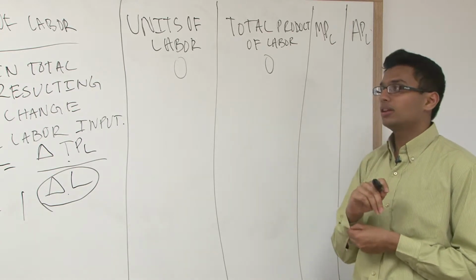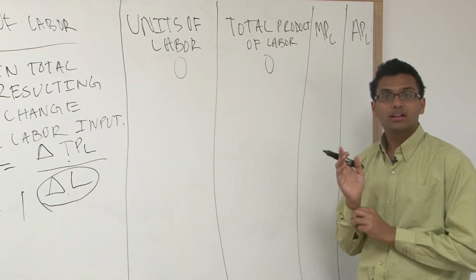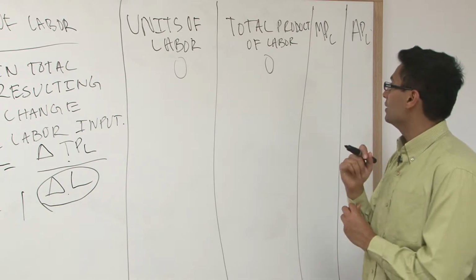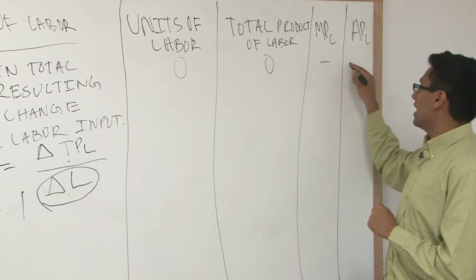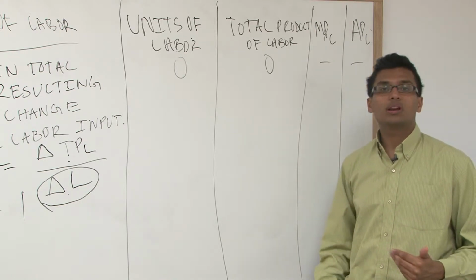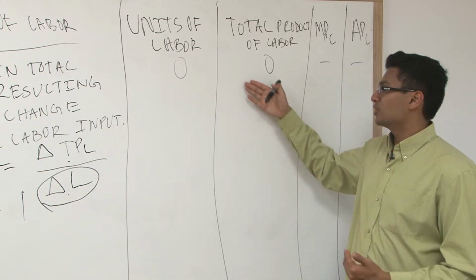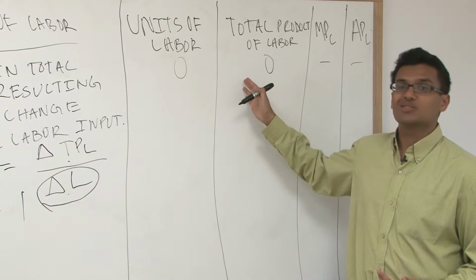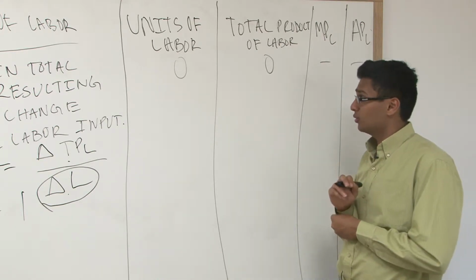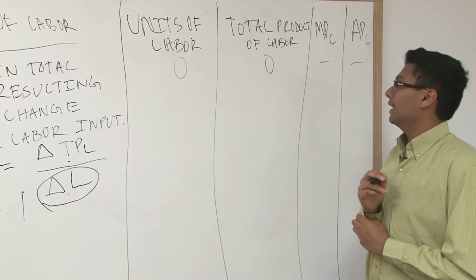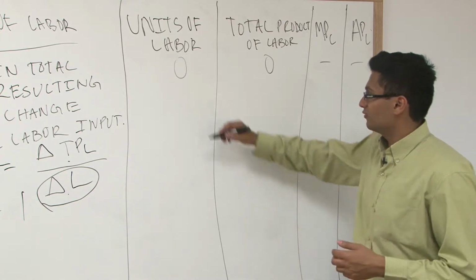We're assuming the machines in the restaurant need some labor input. MPL and APL are not applicable because we're not moving from a particular point to 0. At point 0 you really can't analyze it, but at 1 unit of labor the fun stuff begins.